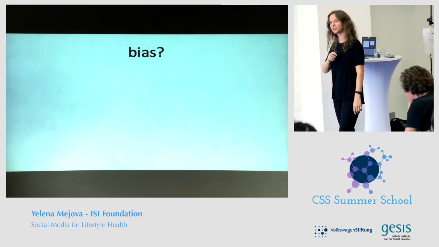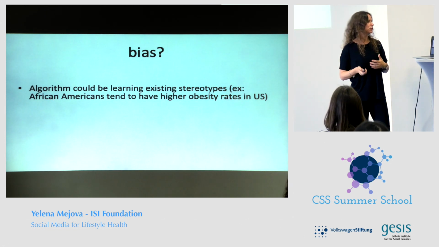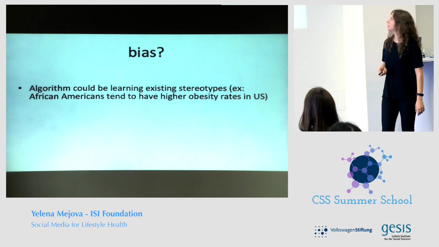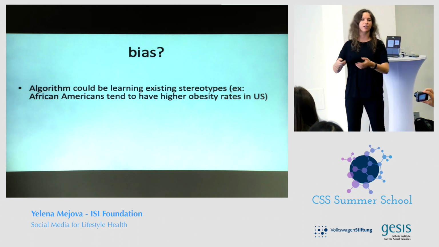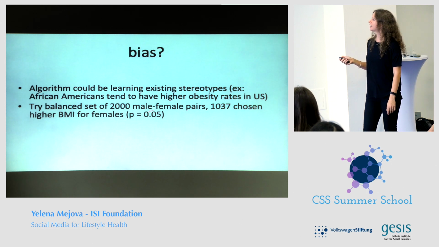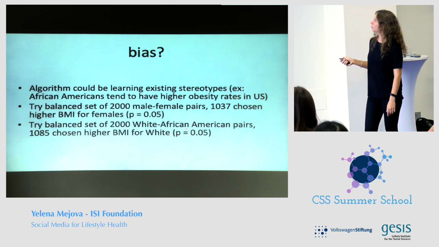And they were actually asking a good question about bias here. There are existing relationships between certain demographics and having certain health conditions. For example, does the machine actually learn that African Americans tend to have a higher BMI? Well, they gave it a balanced set of male and female pictures, and for gender, it chose higher BMI for females, and for white versus African American, it actually chose higher BMIs for white.